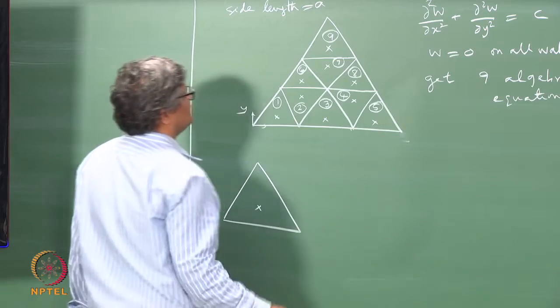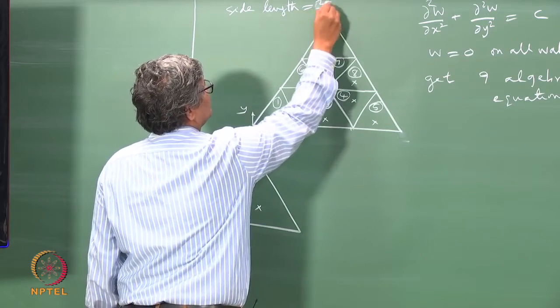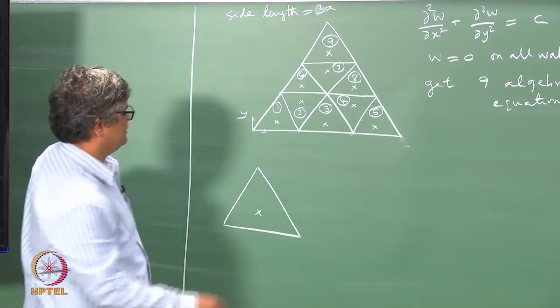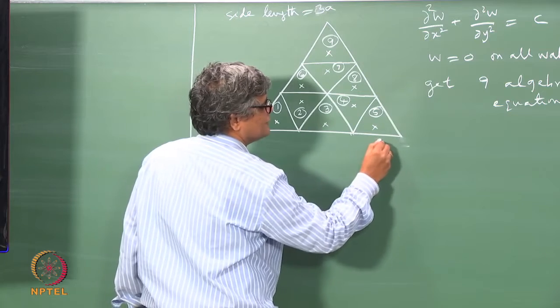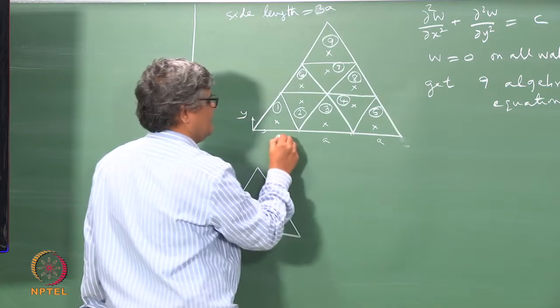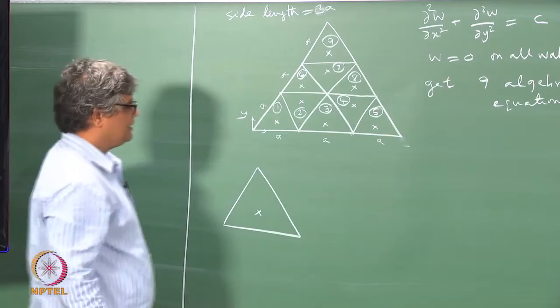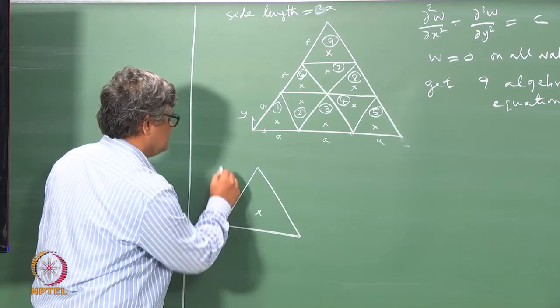The total length is 3 times A, therefore the side of each of the small triangles is A. So, this is A and A. Similarly, this is A here, like this.